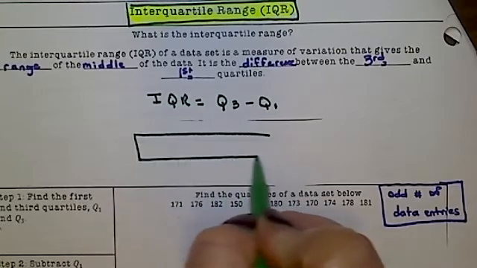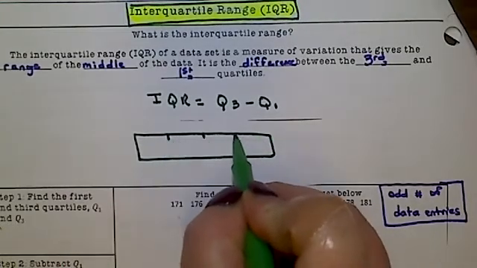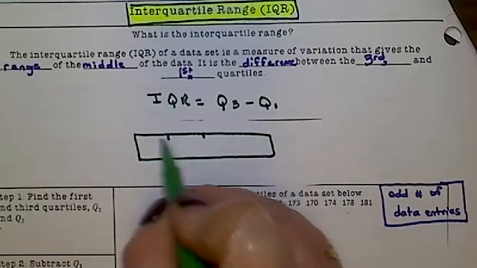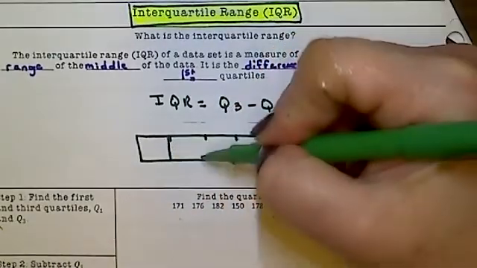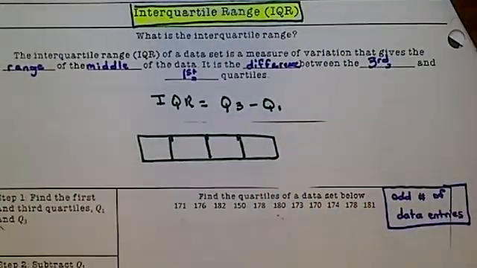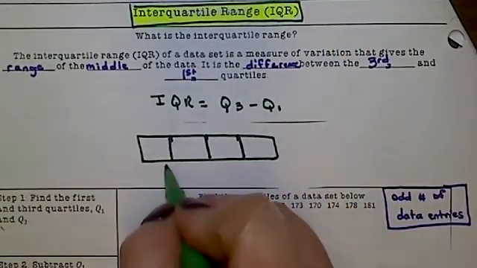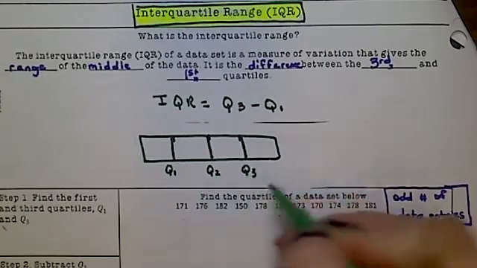So if you look, we'll just go back through and make, I need 3 cuts. 1, 2, 3. Okay, so we'll make my 3 cuts. And this would be, remember, my Q1, Q2, Q3.